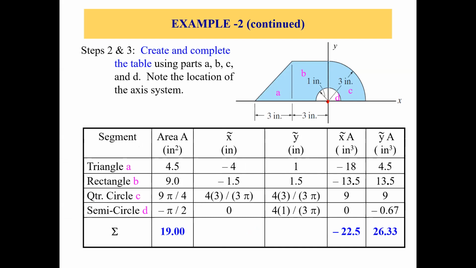Okay. Now let's have a look at this table. Okay. So first column is the segment, as we did in problem 1. Okay. So we have 4 different parts. So we have a triangle A, we have a rectangle B, we have a quarter circle C, and we have a semicircle D. And then we have the last row for the summation.